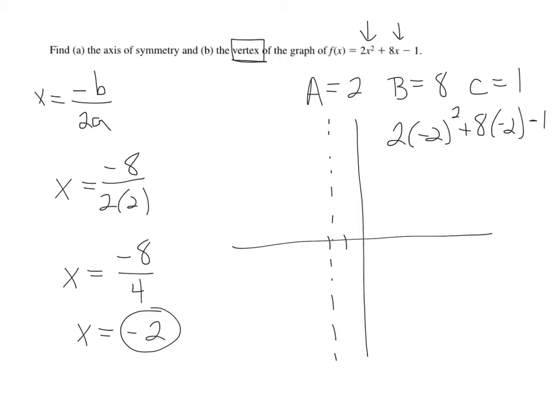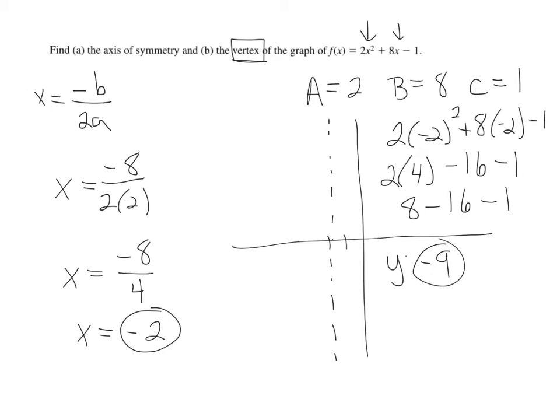So -2 squared is +4, so I've got 2 times 4 plus 8 times -2. 8 times -2 is -16, minus 1. 2 times 4 is 8, so I have 8 minus 16 minus 1. 8 minus 16 is -8, minus 1 is -9.